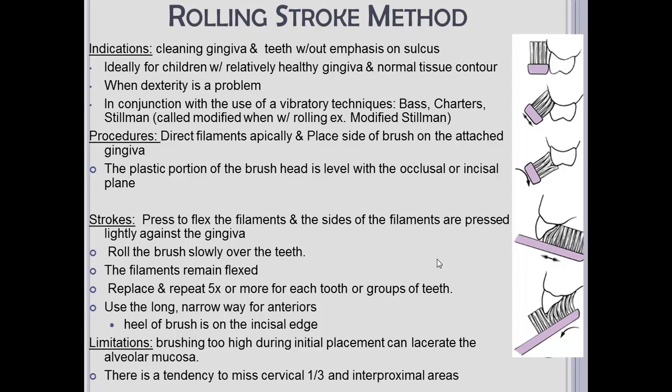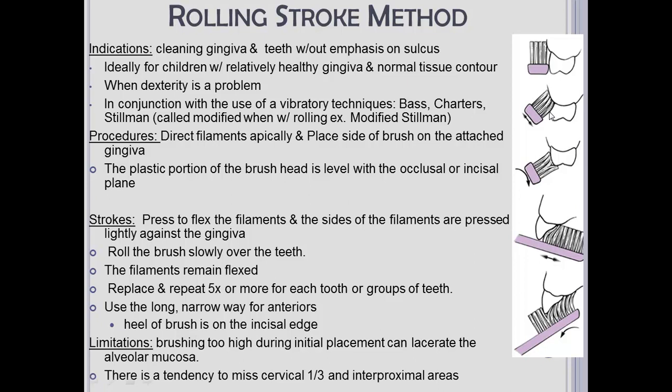And basically, you're going to put the plastic portion of the toothbrush adjacent to the occlusals of the teeth. Okay, so you're positioning with the bristles straight up. Then you're going to slightly rotate the bristles on the gingiva and the tooth.